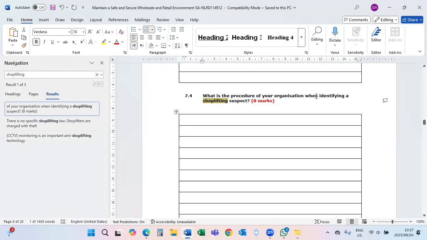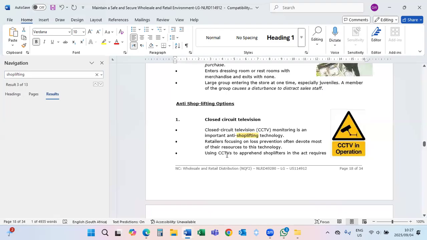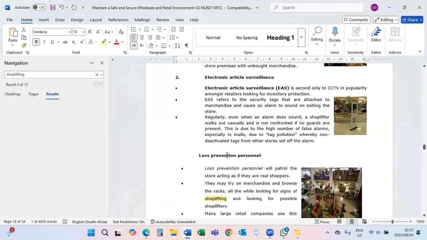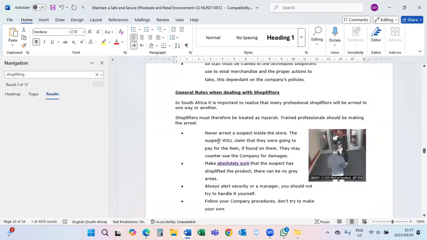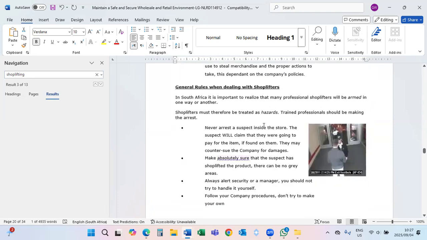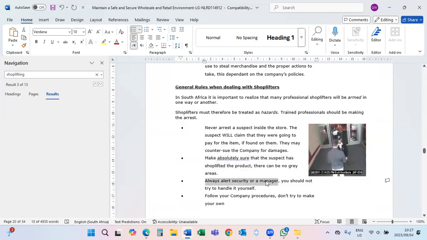What is the procedure when identifying shoplifting? There we go. Never arrest the suspect. Make absolutely sure that the shopper has actually shoplifted the product. Always alert the security manager and follow your company procedures. So there's the answer to that question.